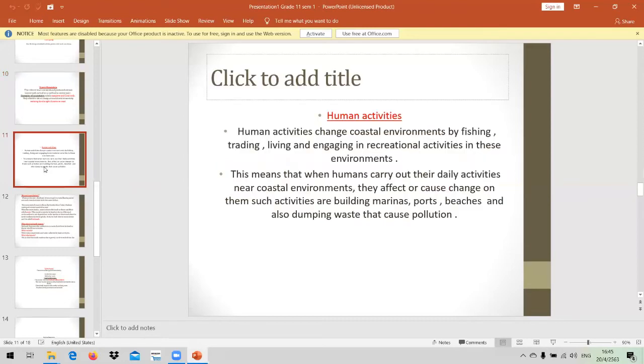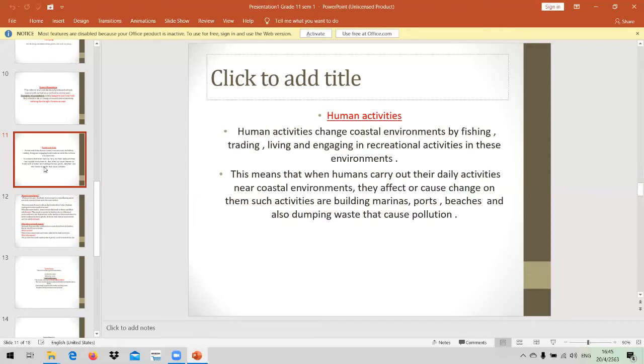Human activities. Human activities change coastal environments by fishing, trading, living, and also engaging in recreational activities in these environments. So the activities that me and you do make a change within the coastal environments.